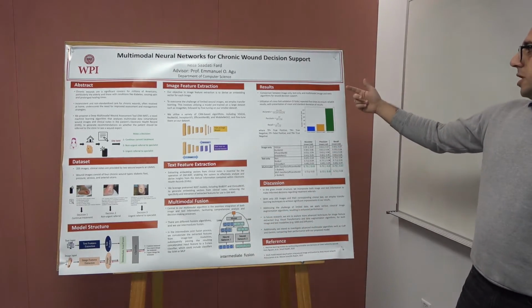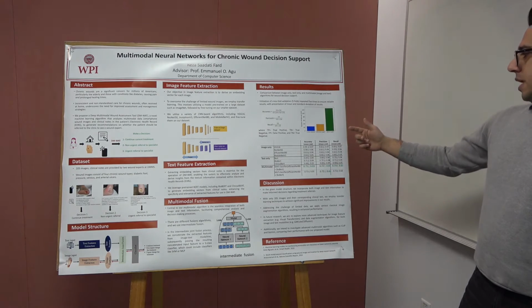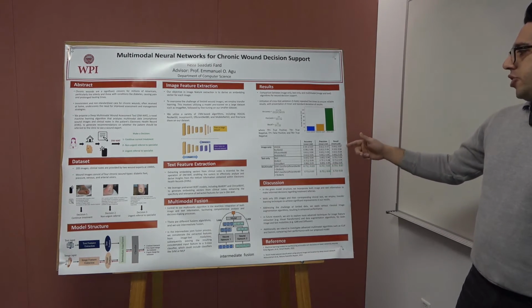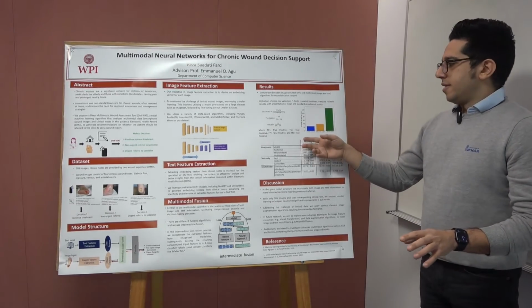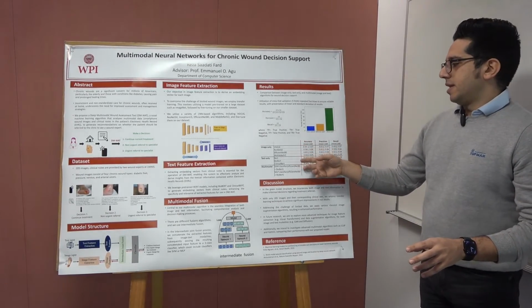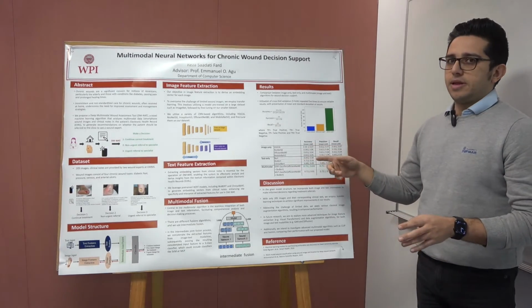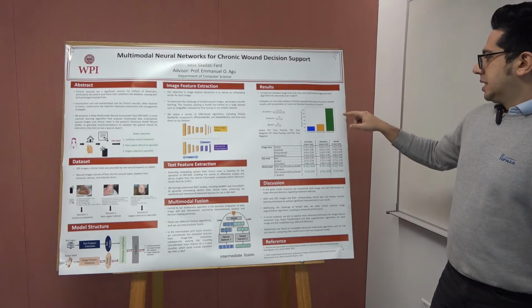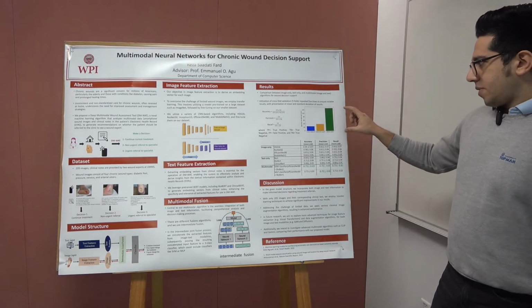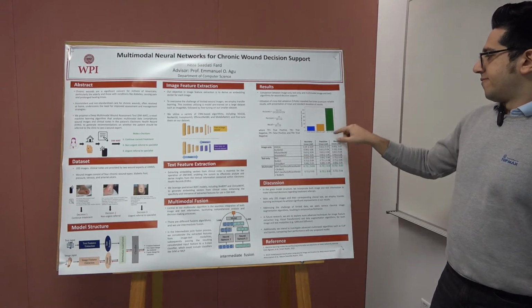In the results section, I'm showing you the results that we reached for 3 different types of models. The first one, image-only models. The second one is text-only models, and the last one is multimodal, which is proposed by our work. As you see here, I also provided our data set for different labels.